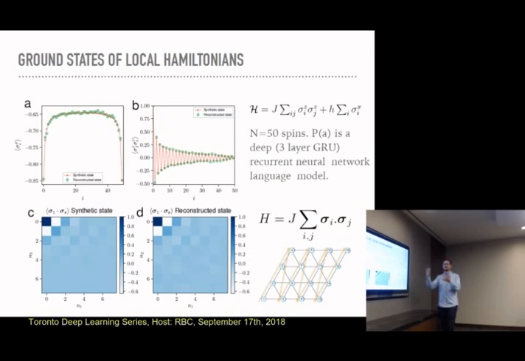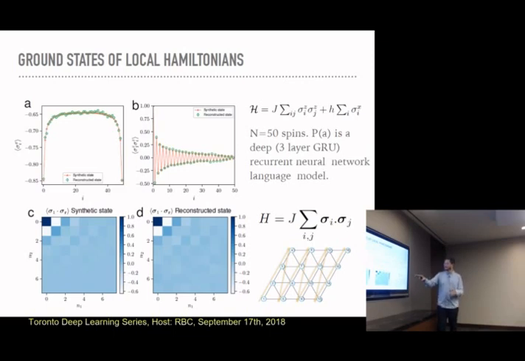This is just comparing correlation functions between the synthetic states, because we use synthetic data, not experiments, not yet at least. We see that the reconstructions match the correlations pretty well. For instance, this is a local expectation value of the ground state of this Hamiltonian, and this is also a two-body correlation function, and they match pretty well.